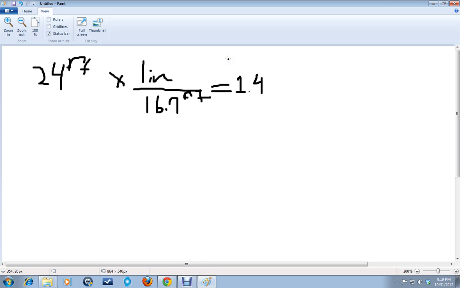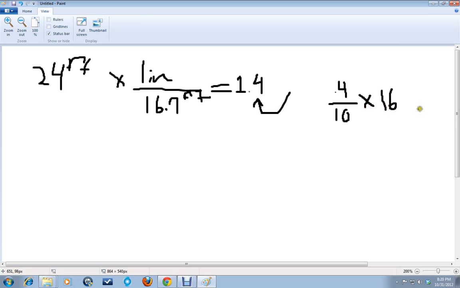What you're going to need to do is take the decimal, the .4, and do .4 over 10 and multiply that by 16, because inches are in sixteenths.